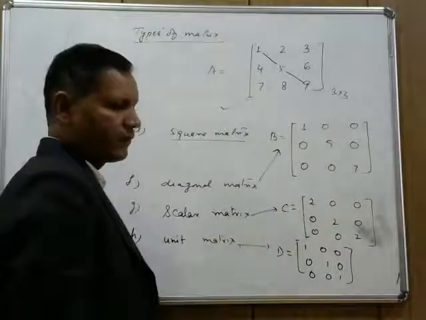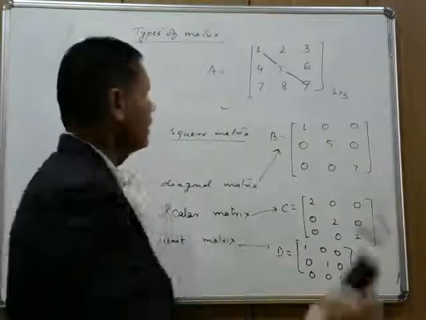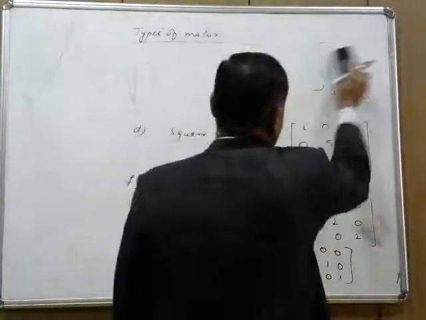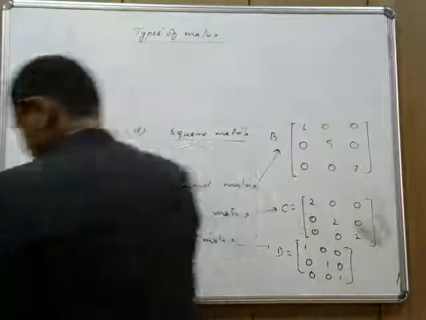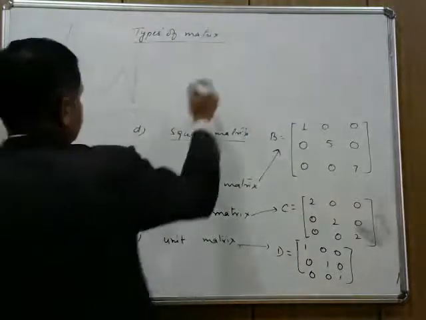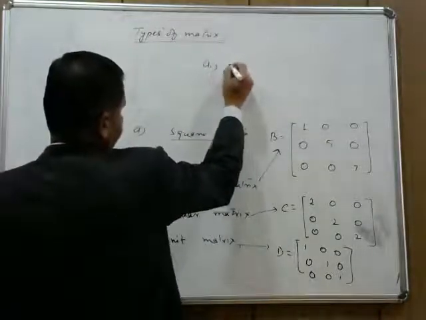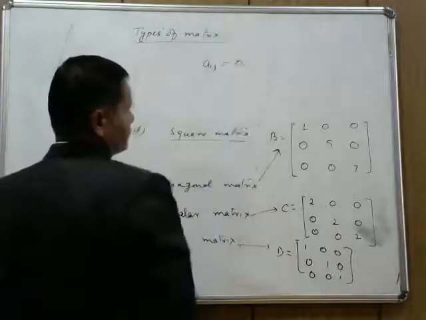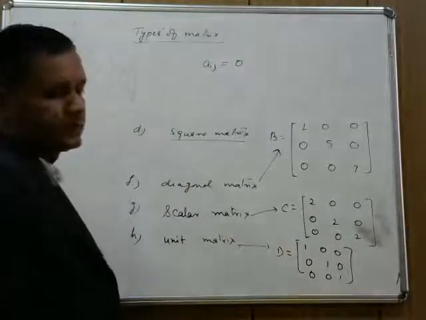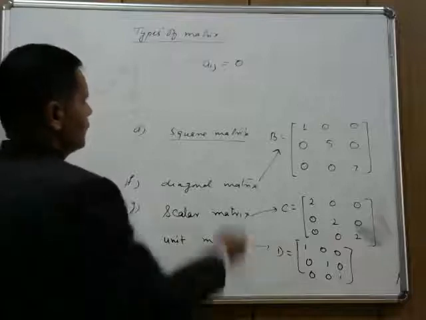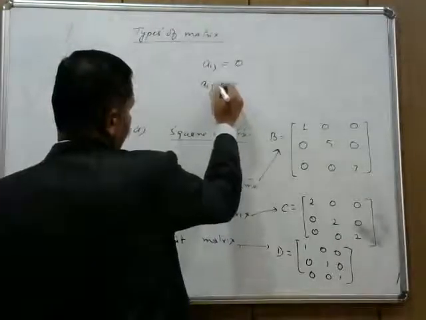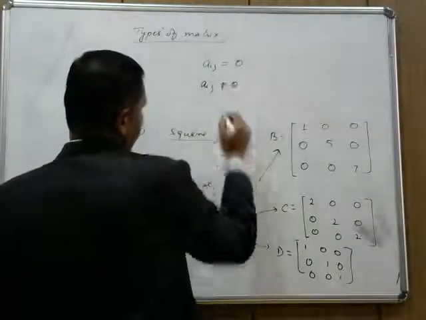The address of the diagonal elements is always Aij, where i and j are equal. That means Aij equal to 0 for i not equal to j, and Aij is not equal to 0 for i equal to j.